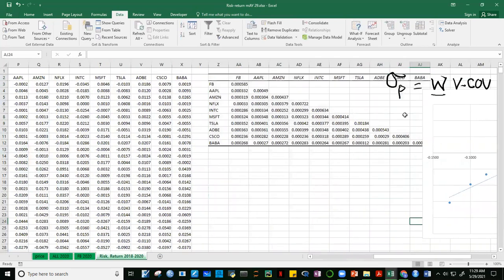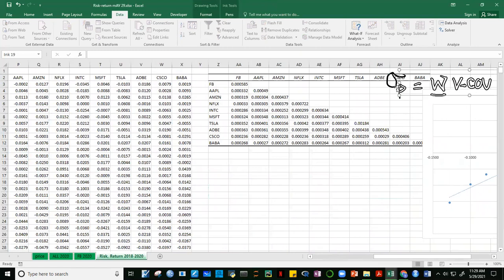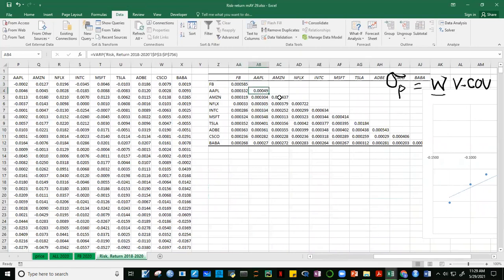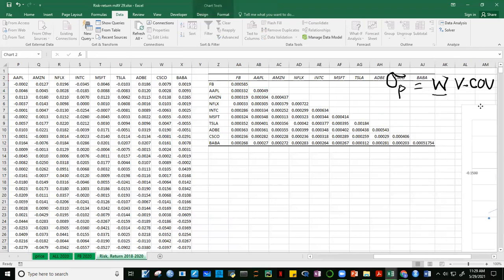All right. So this is now our variance covariance. Itong diagonals natin, this is just ang covariance ni Facebook with Facebook is just the variance of Facebook. Ang covariance ni Apple with Apple is its variance. So we have the diagonals that are the variance of your stocks.